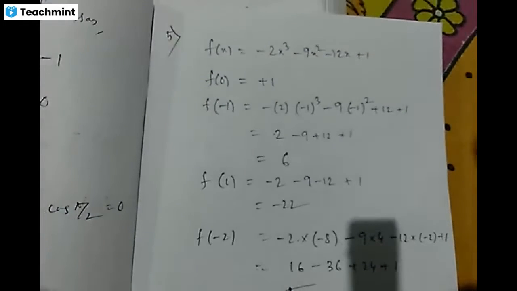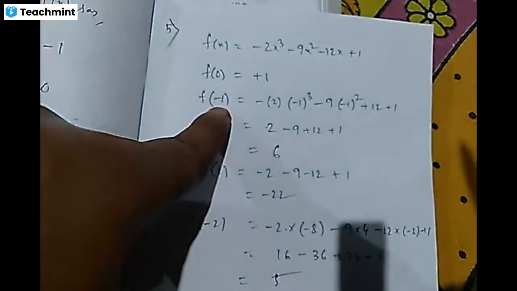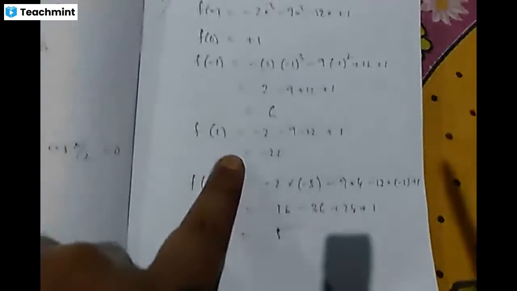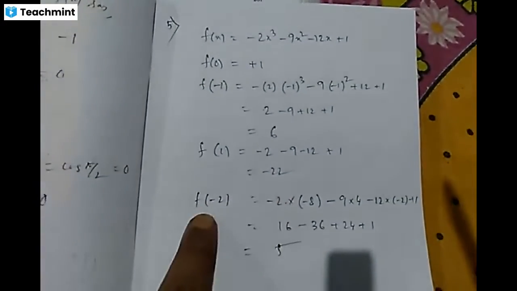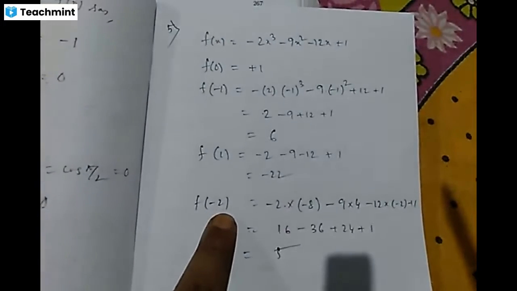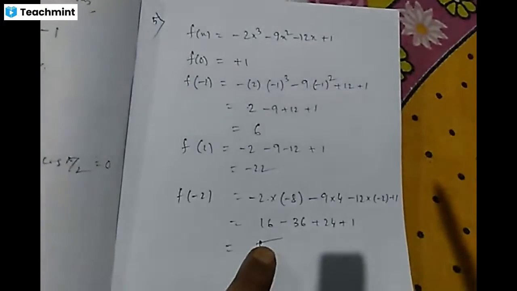I have written the function first. We can find the value. When we put minus 1, we will get plus 6. When we put 1, we will get minus 22. And when we put minus 2, we will get plus 5.